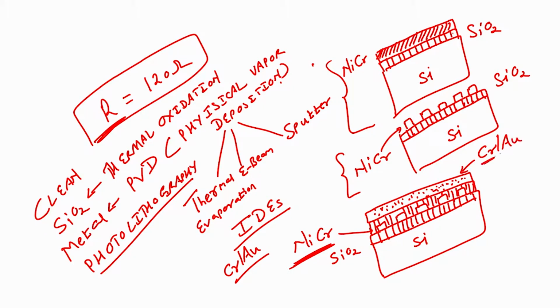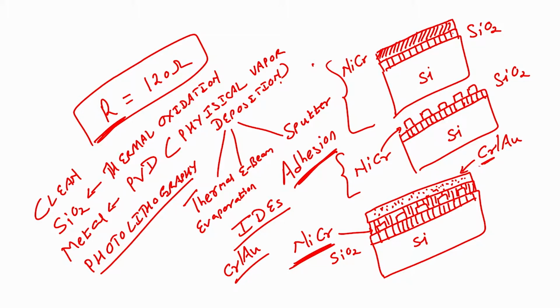Why did I have to use a thin layer of chrome? To improve the adhesion of gold. The adhesion of gold on the oxide is poor, and to improve the adhesion we use a thin layer of chromium. That is the role of chromium, that is why we always say chrome gold.